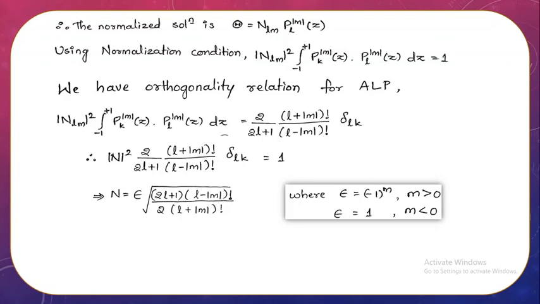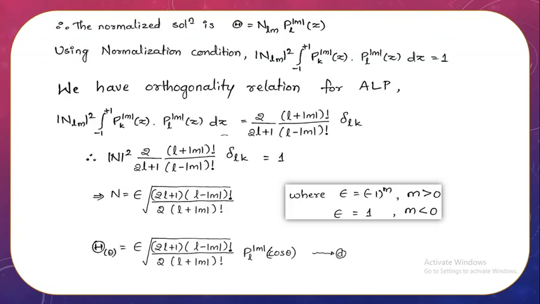Now substituting the value of the normalization constant in our theta equation, we get the solution for the theta equation, which is theta of theta equals epsilon into the square root of 2l plus 1 into l minus mod m factorial divided by 2 into l plus mod m factorial into PLM of cos theta. This solution is taken to be equation D.